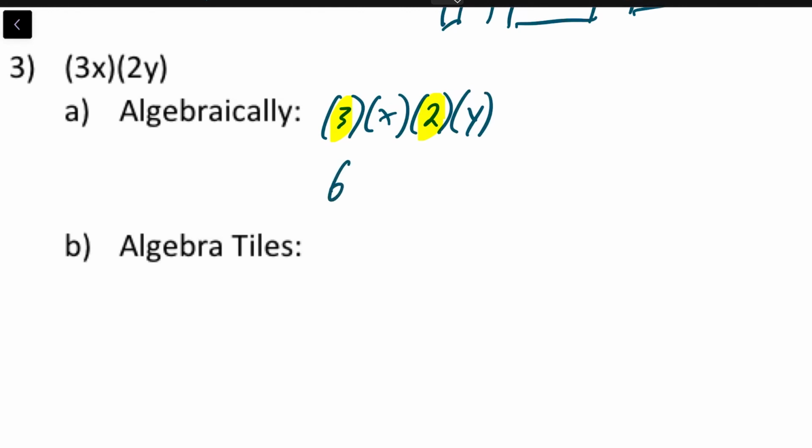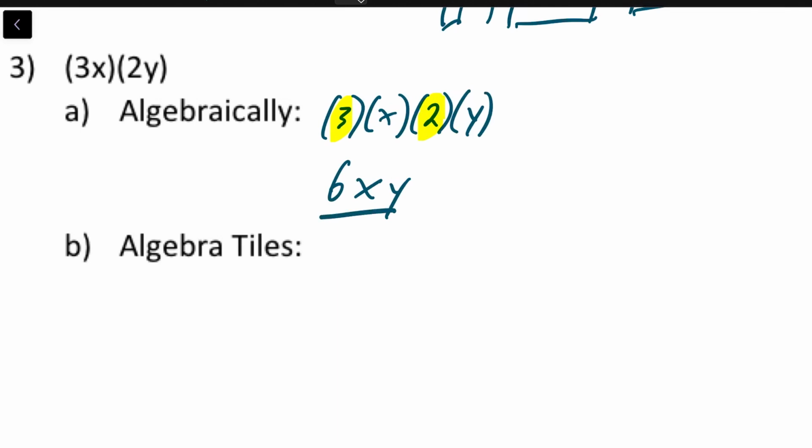Now in this situation, x times y doesn't give you x squared or y squared. It just gives you xy, right? You can't simplify that any further with an exponent or anything. So that would be our answer here, 6xy.